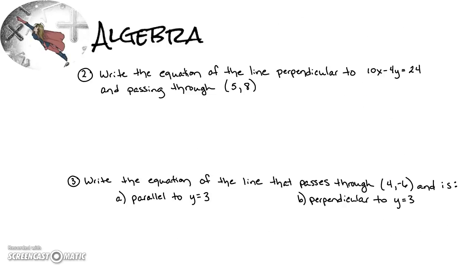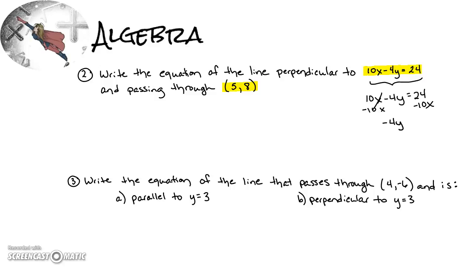Now, example 2, we're writing the equation of a line that's perpendicular to a line that they give us, which is this line here, and it has to pass through this point, the line that we're writing. So again, we're going to get y alone in this equation so that we can see what slope it has. So 10x minus 4y equals 24. So just subtract 10x from both sides.